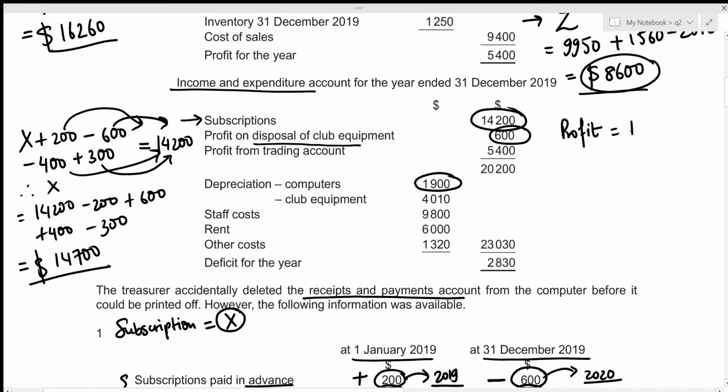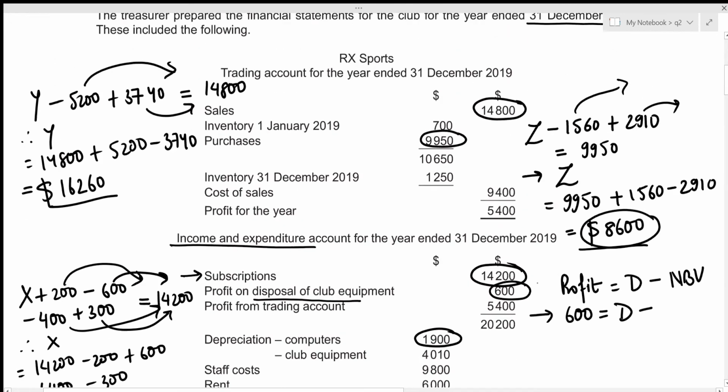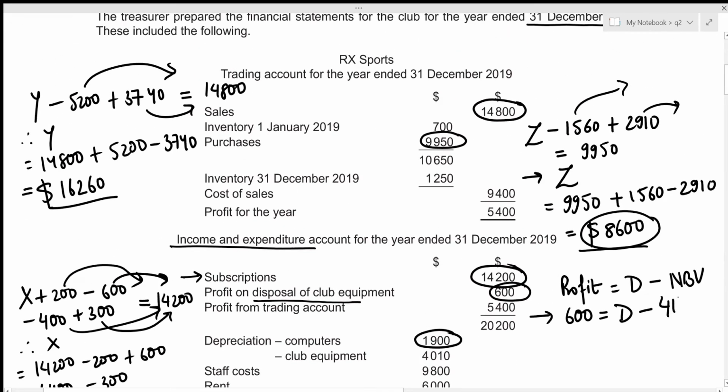So the disposed value minus the net book value is the profit, and we know that the profit is 600. We need to figure out the disposed value, but we already figured out our net book value, which was 4100. Now we can easily figure out our disposed value. That's just going to be 600 plus 4100, which results in the value of 4700. So this is the value that we got by disposing our club equipment.